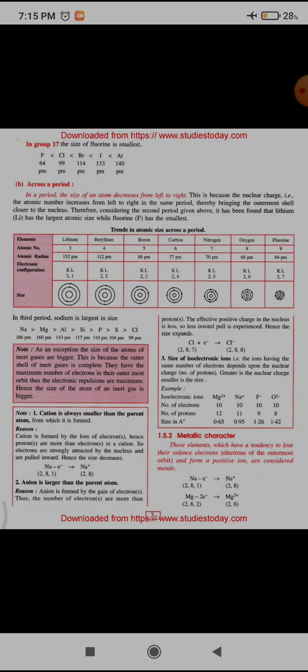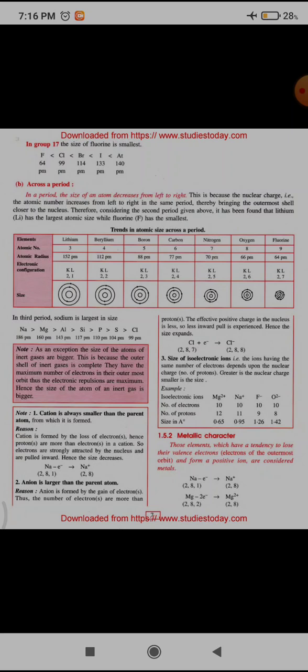You have to check their valence electrons and whether they are losing or gaining. If they are losing, and their valence electrons are 1 to 3, then they are metals and they must produce the cation. Then only they show the metallic character.